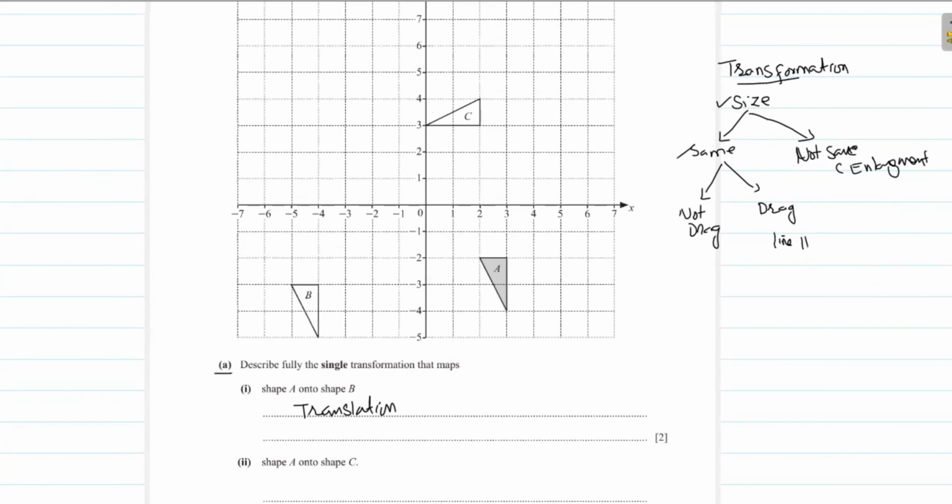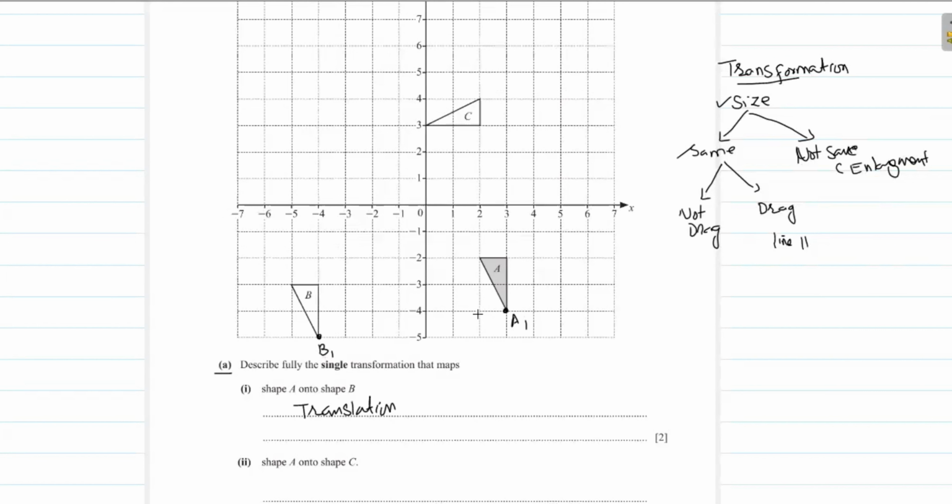Now we see the translation vector. We mark any point of object A and we take the corresponding image point of shape B. This is the image point of shape B and this is the object point. You see here how many units this point A1 is shifted to point B1.